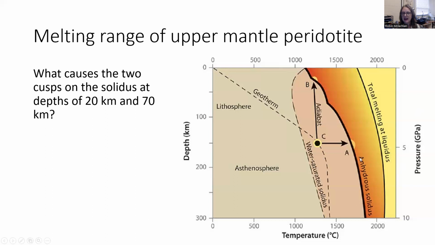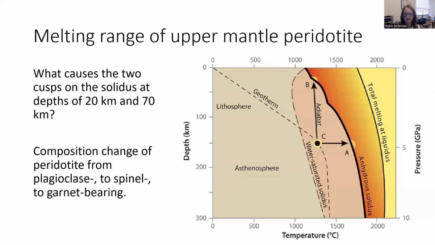All right, now looking at that anhydrous solidus, you'll notice that there are two little cusps, two little tick points at depths of 20 kilometers and 70 kilometers. What might cause those little cusps within the anhydrous solidus, that bold line? That's caused from a change in rock composition at those depths, right?